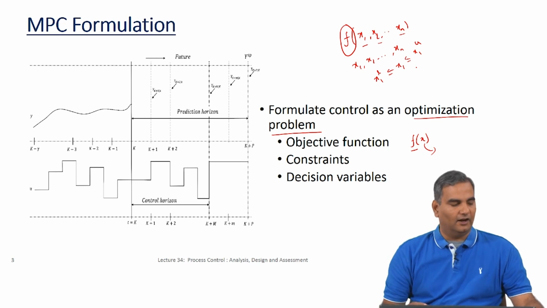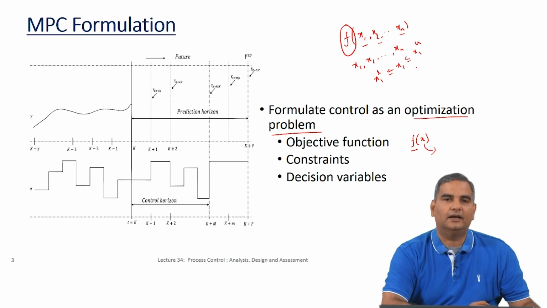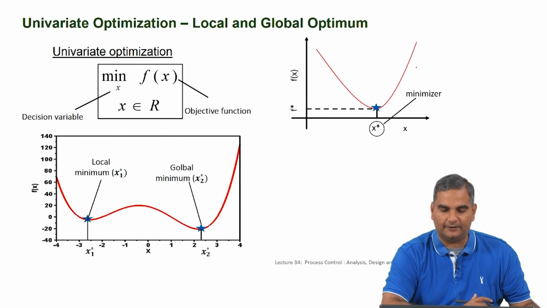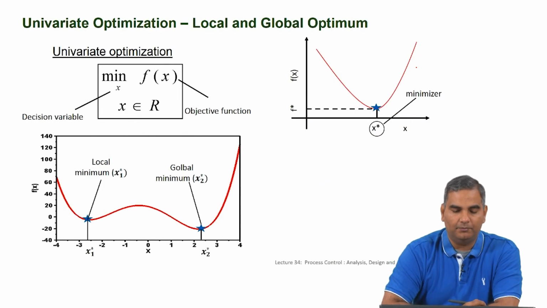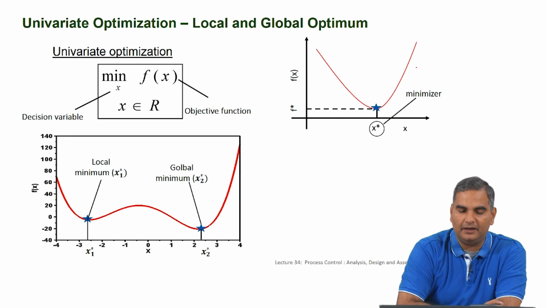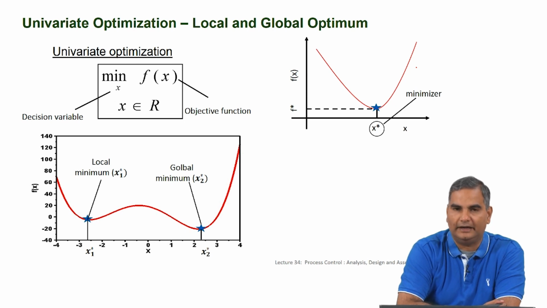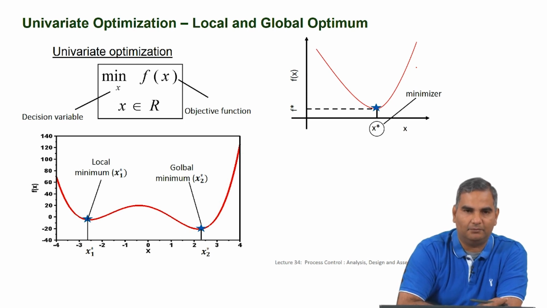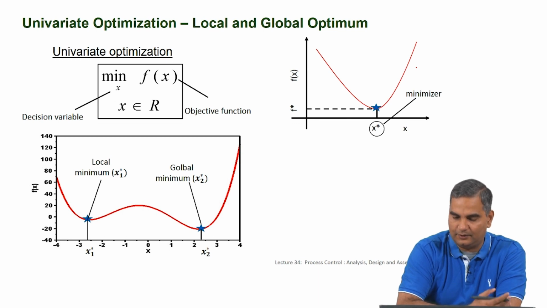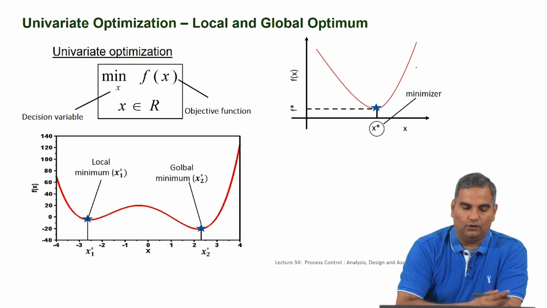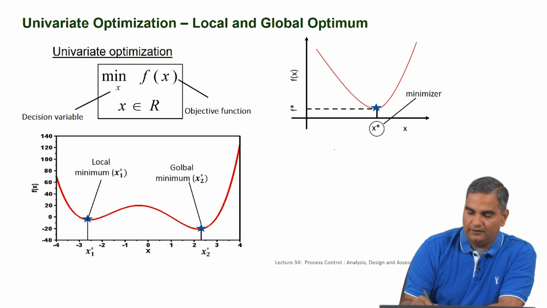Now, let us see how all of this fits into this MPC formulation idea. Before we do that, let me explain how you find an optimum solution, so that it becomes easy as we go along as far as model predictive control is concerned. Again, I said f is always a scalar function.